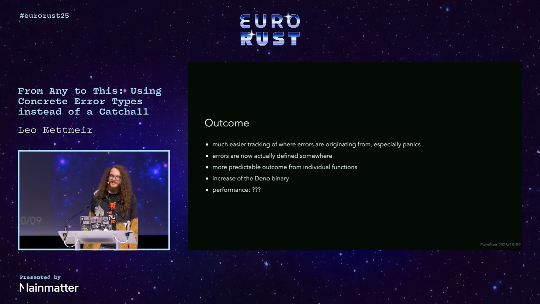Now we had to block main for like a week or something like that to be able to land this massive work, because people were adding new errors all over the place using anyhow, and I was like, please stop. I just want to land this. Now I need to rebase this again and spend another 2 hours figuring out what the hell you did. So we decided, okay, lock it down. Let's land this.